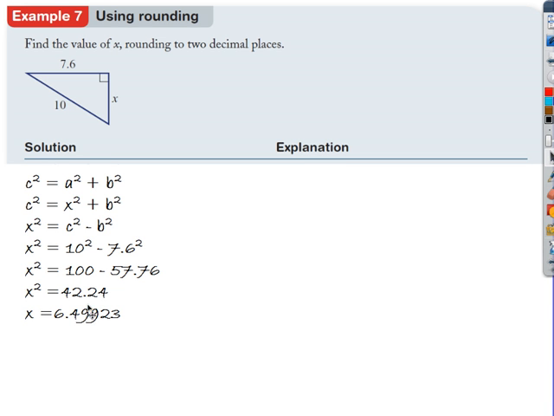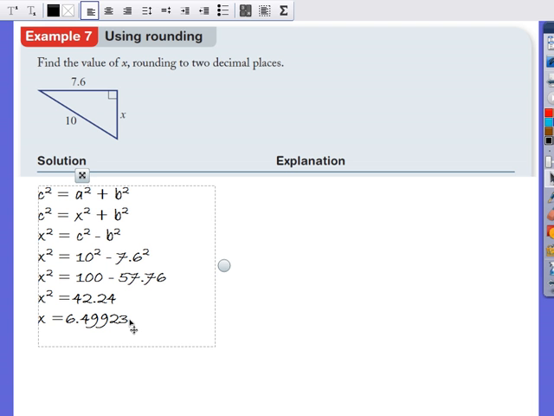Now, unfortunately, because this is a 9, it can only go up to 10. So what that does is makes this go from 49 to 50. So if I were going to write that as rounded to 2 decimal places, I'd write it as 6.50, and I put the 0 there to show that it was a longer decimal, and I've rounded it.